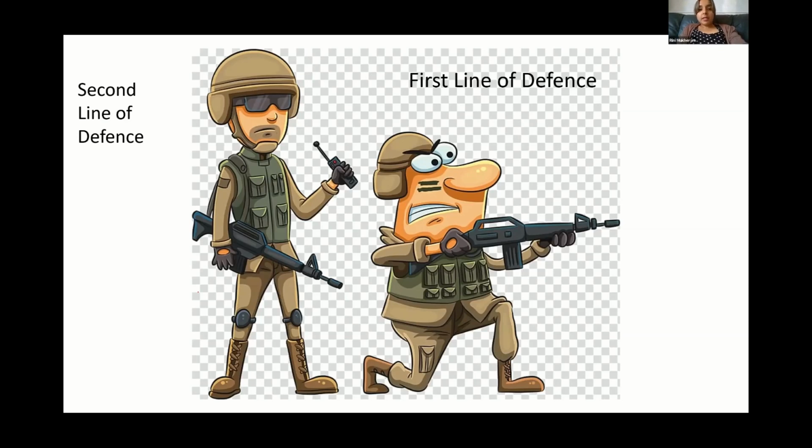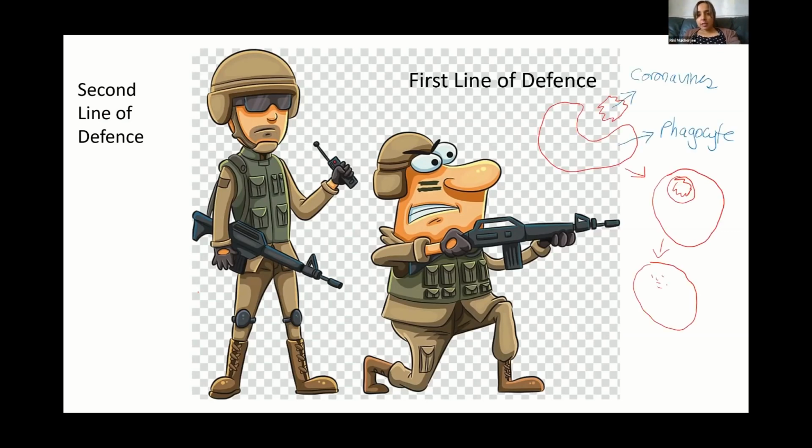So the first line of defense, well done to those of you who guessed it, is called a phagocyte. A phagocyte is the type of white blood cell that attacks the coronavirus by wrapping its cell surface membrane around the virus like this, and it then destroys it like this. This is probably what you have seen at your GCSE level version. In the A-level version, we go into lots of detail on this process of phagocytosis and how exactly it happens.